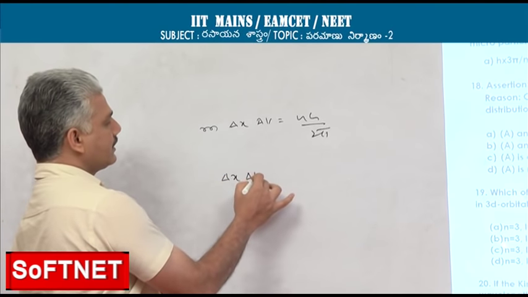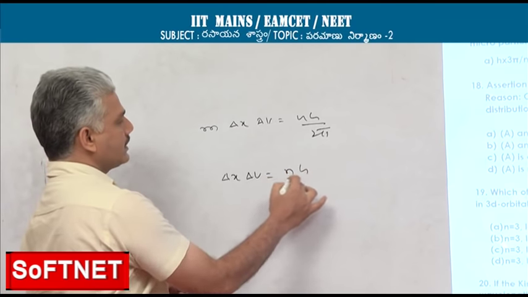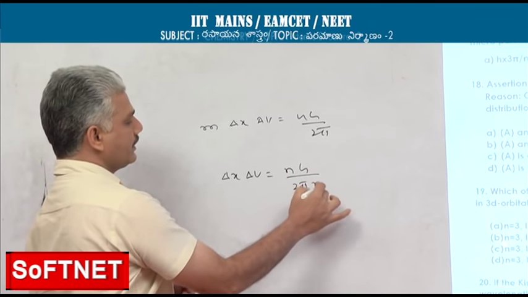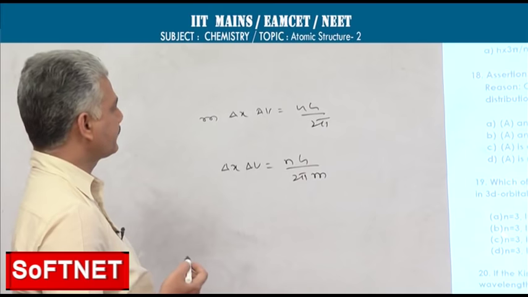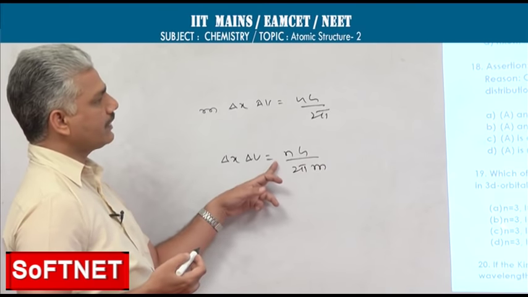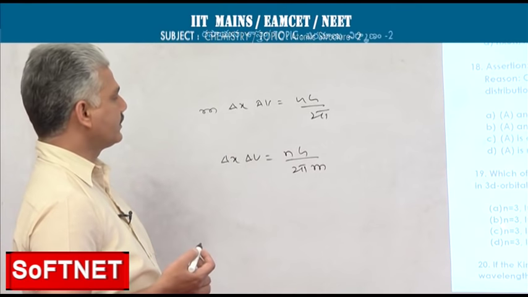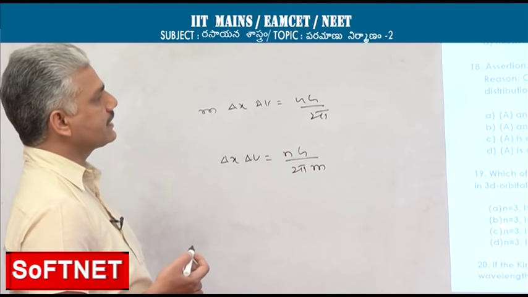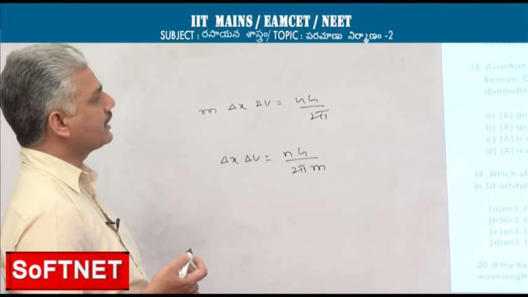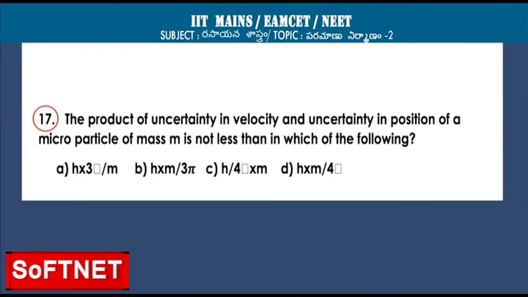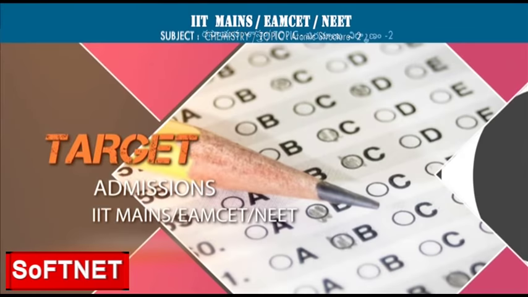Delta x delta v is equal to nh by 2 pi m, we can write. So, n value has to be compulsorily an integer value. So, first, second and fourth are ruled out, and the only option left is the third option, C. C is the correct answer for question 17.